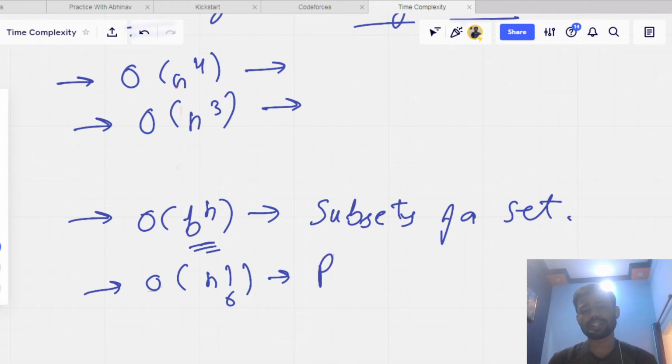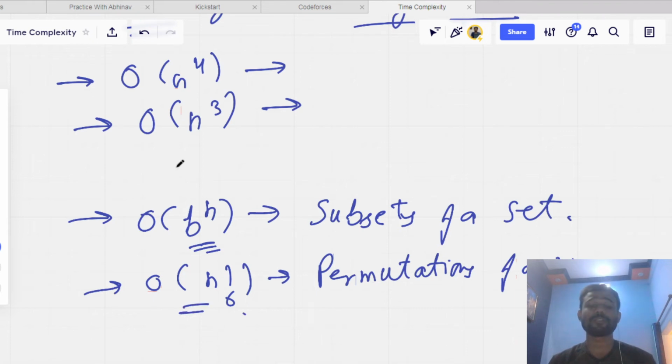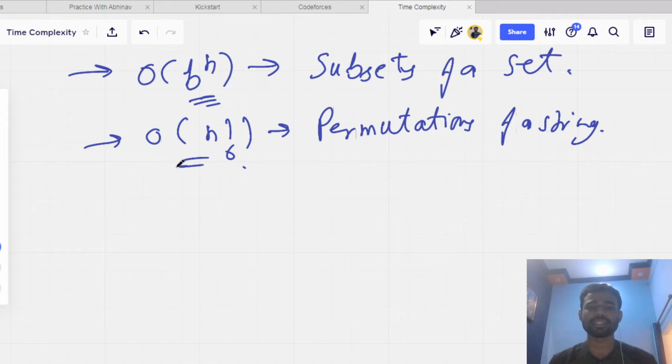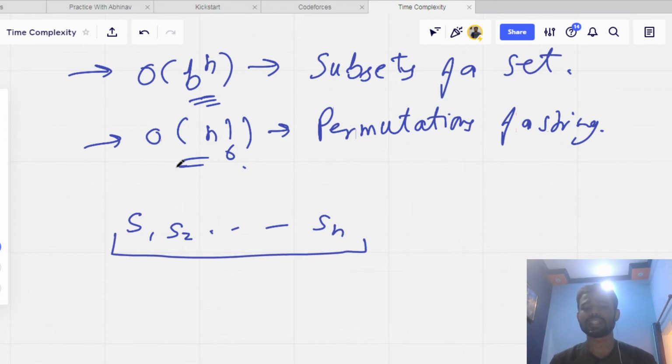If you have to find permutations of a string, then it needs n factorial time complexity. If there is a string of length n, with characters s1, s2 up to sn, first of all we take the whole string and find its permutations.